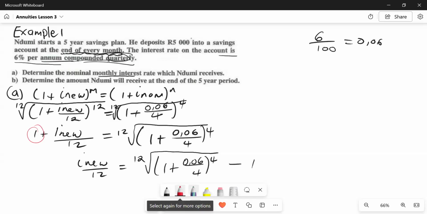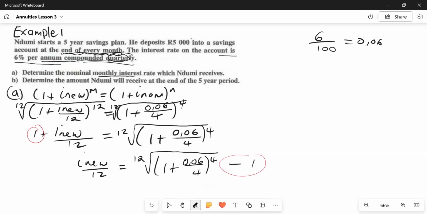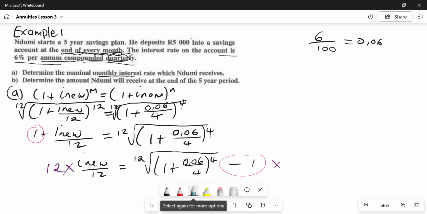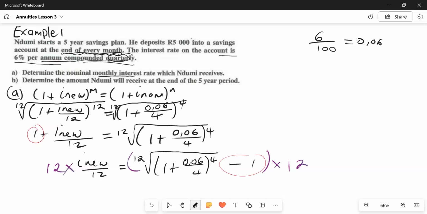You transpose this one, and then you end up having your minus 1 there, right? And then from here, you multiply both sides now. You multiply both sides by 12. You multiply everything here by 12, right?